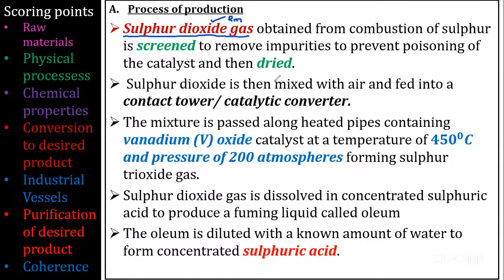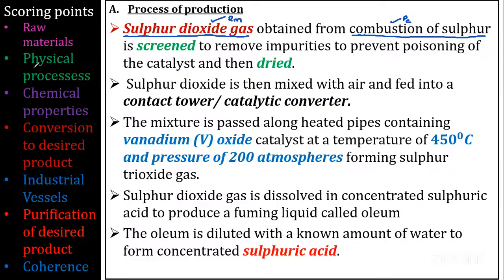The sulfur dioxide is obtained from a chemical process, which is combustion of sulfur. This is a chemical process.